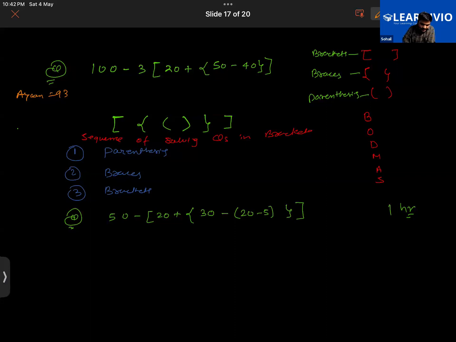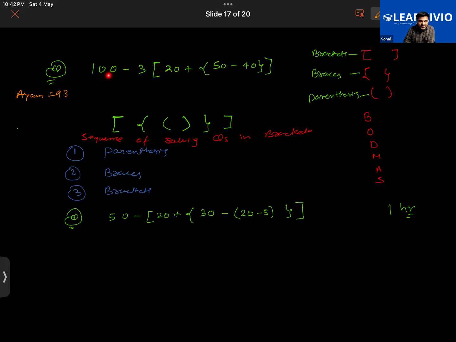See, as I said, there is a sequence of solving questions whenever you have brackets in the question. So first you have to do the parenthesis. Is there any parenthesis, this type of bracket, given here in this question? No, it's not there.